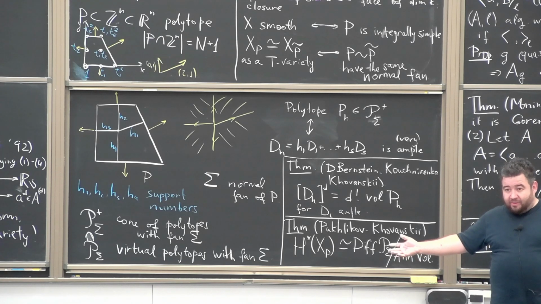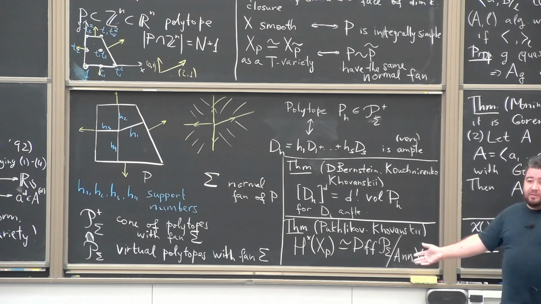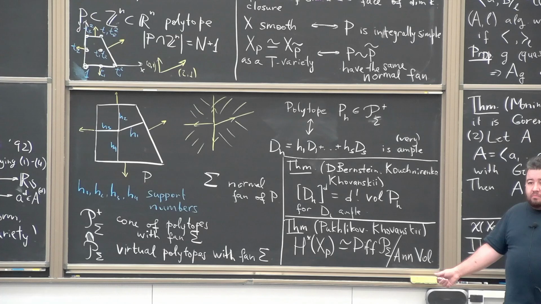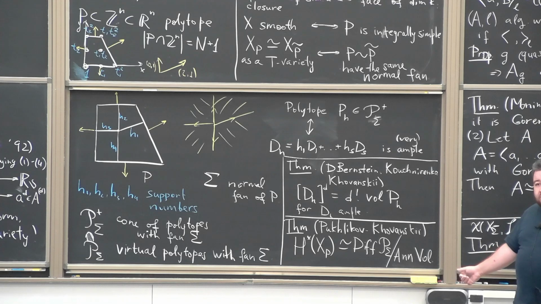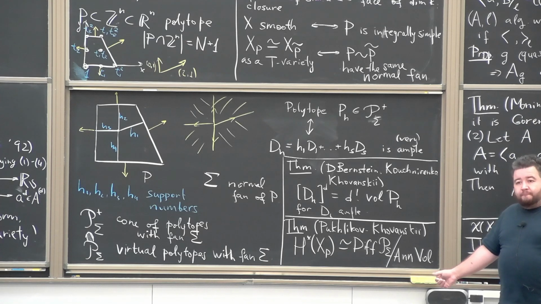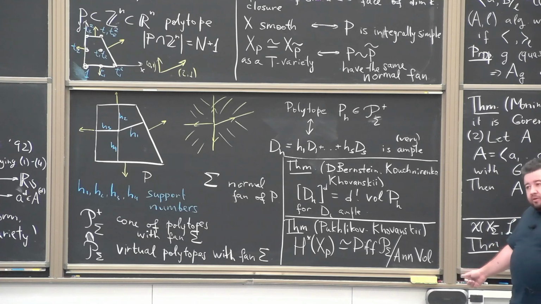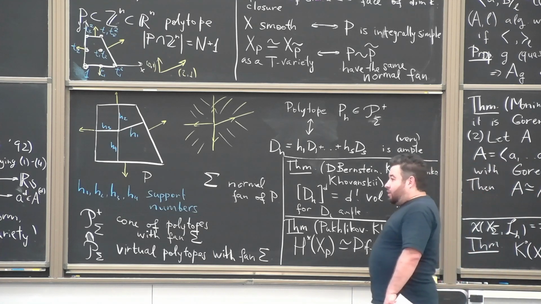For non-simple polytopes, the cohomology involves some mixed structure, which means you have non-zero cohomology in high degree. For simple polytopes, all is okay, but for non-simple polytopes there are some singularities.